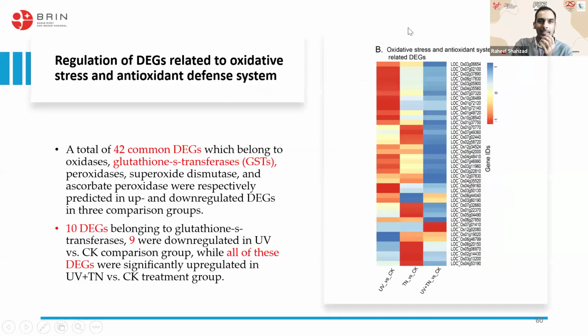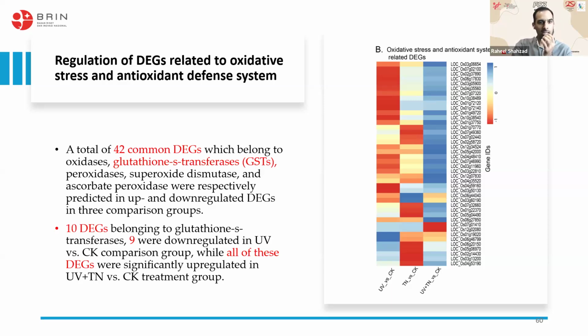And then we also found DEGs related to oxidative stress. Again, I'm not going into details because there's a lot of detail in here. But one thing is interesting, that we have also measured the glutathione enzymes, and the RNA sequencing results quite confirm the results that we got for the enzyme measurements.